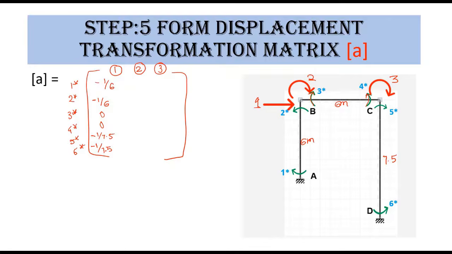Now we are moving to the second system coordinate, that is a moment. So we are applying a unit moment in the direction of the second system coordinate, keeping displacement in the first and third system coordinates at 0. So now we have only the second system coordinate with unit displacement. Since the second system coordinate is acting at point B, only 2 star and 3 star will have unit displacement due to it.